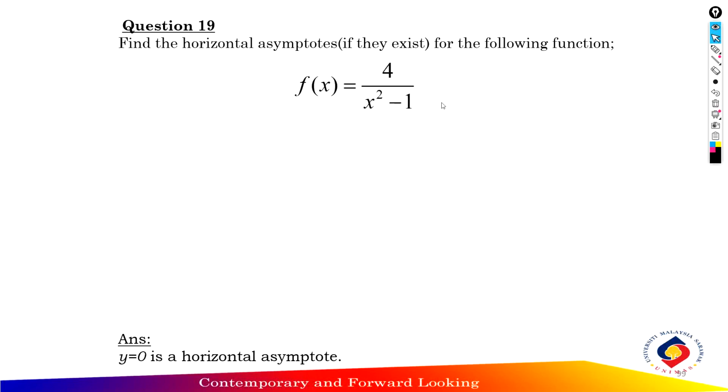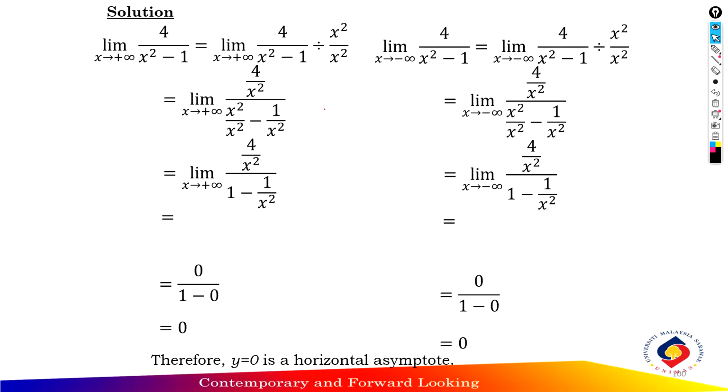Okay, question 19. Find the horizontal asymptote of the function f(x) equals 4 over x squared minus 1. Okay, first method to find the horizontal asymptote of the rational function.